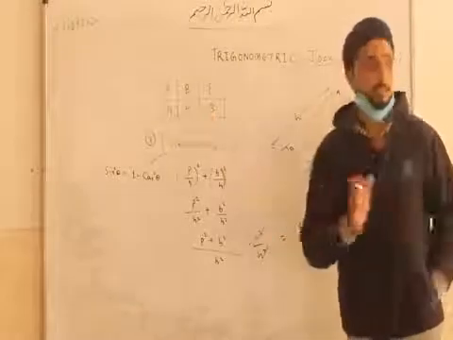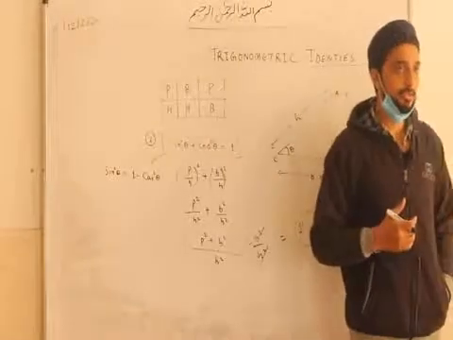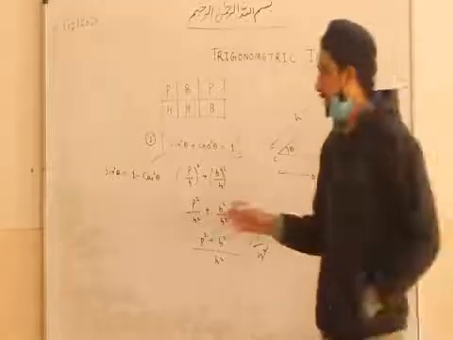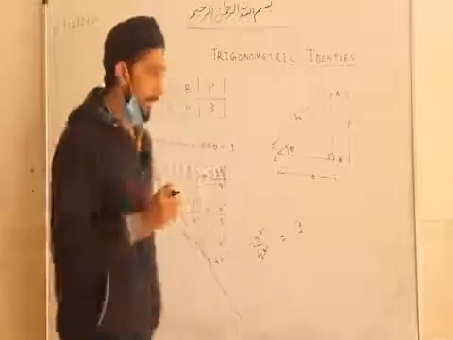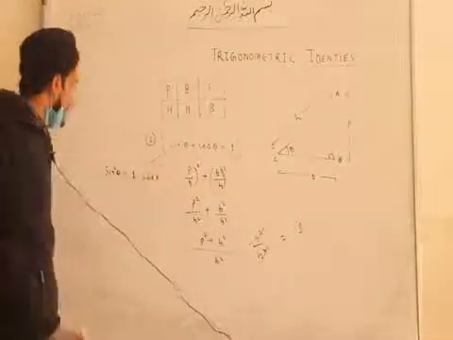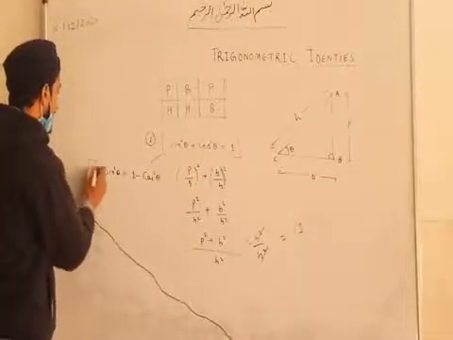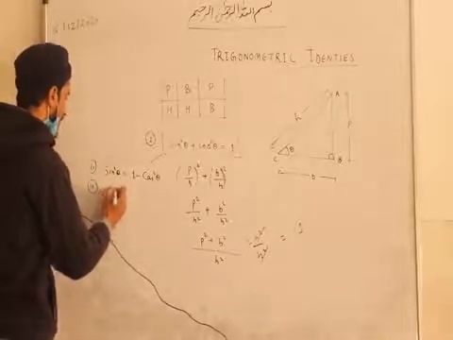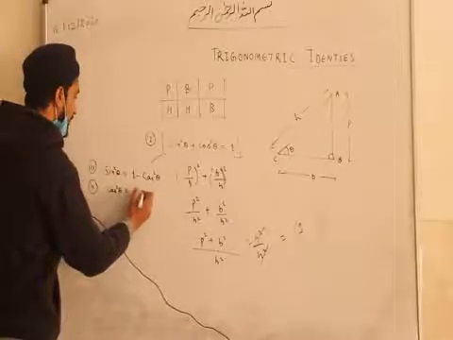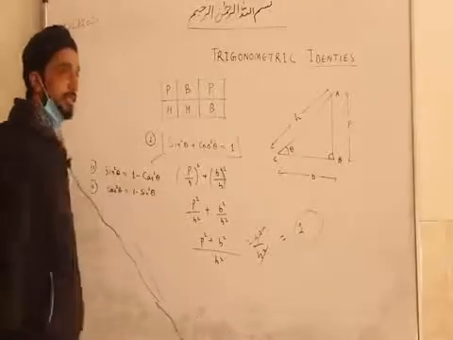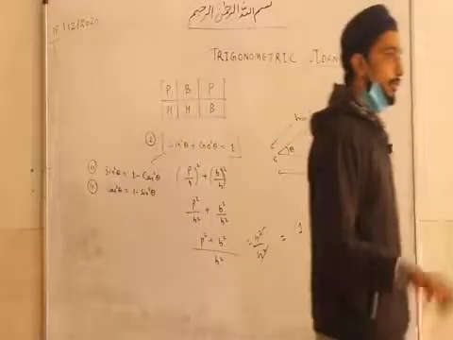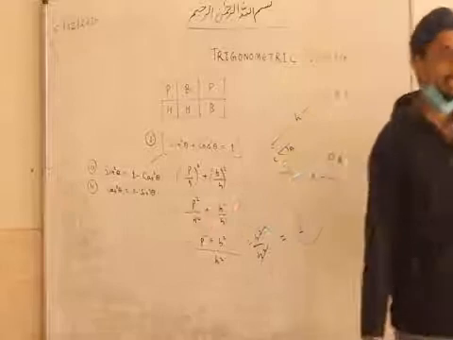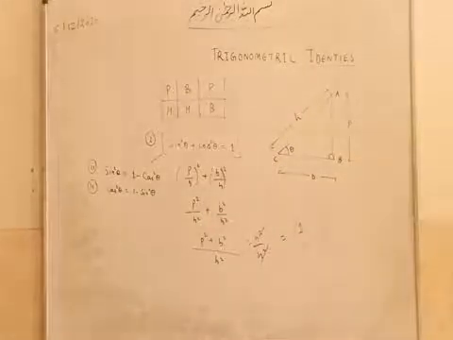So it depends upon the questions. When you practice more, you will understand which value to use where. So we can write this as the second identity, and the third one is cos square theta is equal to 1 minus sin square theta. So first you write these three identities, then I will show some more.